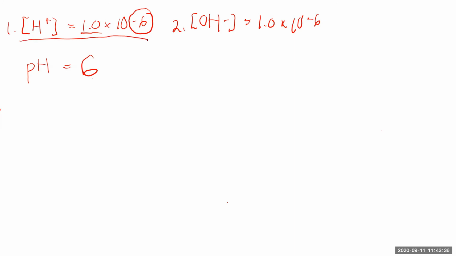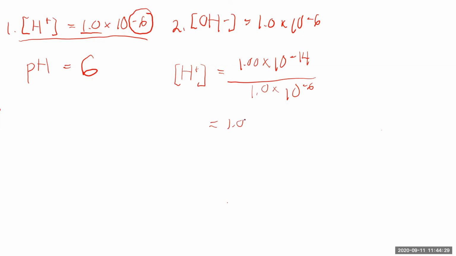number 1. For number 2, it's more complicated because the given is the hydroxide. So we need to change it back into the hydrogen ions. We will have the formula of 1.0 times 10 raised to the power of -14 divided by the value of the hydroxide ion, which is 1.0 times 10 raised to the power of -6. So all we have to do is to subtract the exponent.